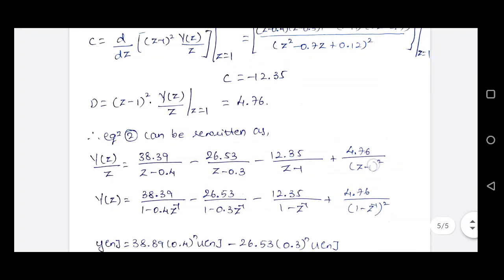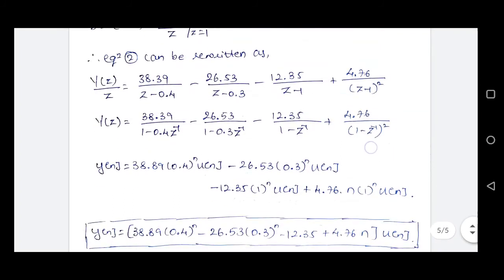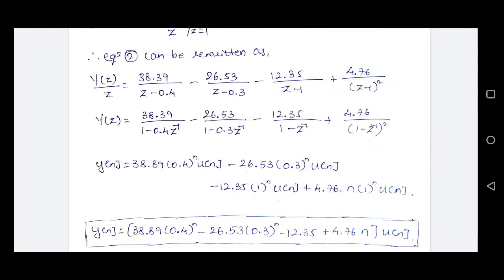Or writing this in negative powers of z, or inverse z transform form, Y(z) will be 38.89 / (1 - 0.4 z^-1) minus 26.53 / (1 - 0.3 z^-1) minus 12.35 / (1 - z^-1) plus 4.76 / (1 - z^-1)^2.